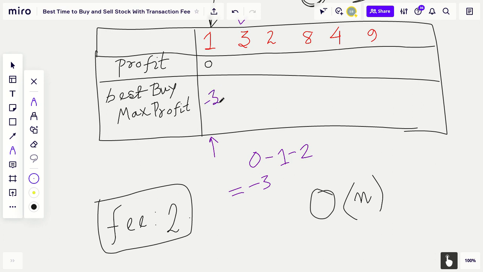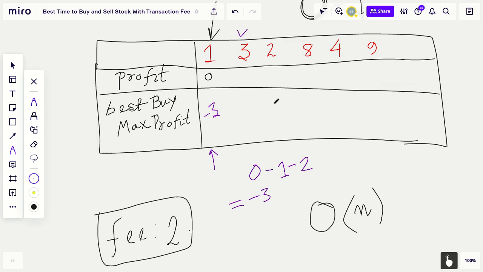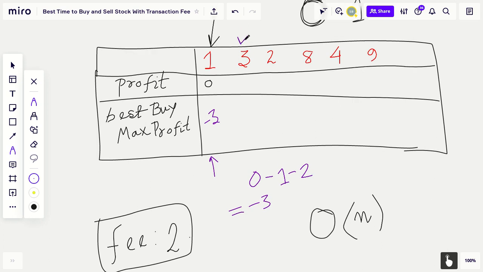Next we're coming over here, it is 3. As usual, you just have to add this value with this one, because this is the best buy max profit. From this value onwards, you are trying to sell the stock at the maximum, considering that it gives you a profit.